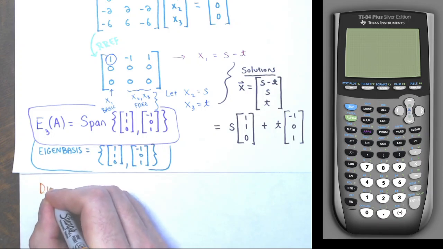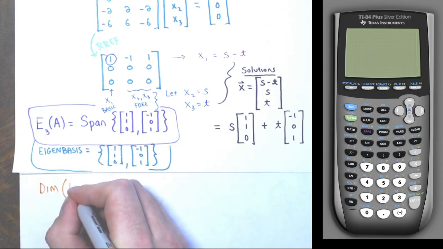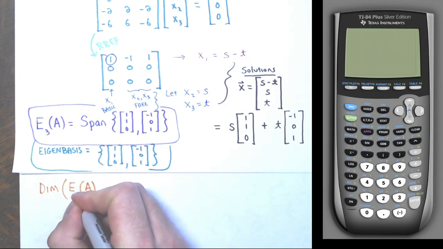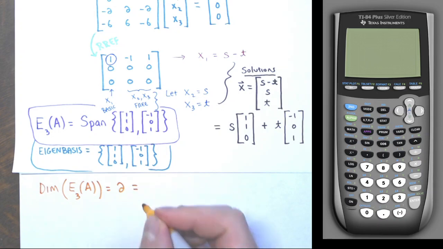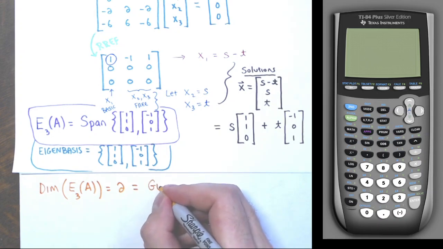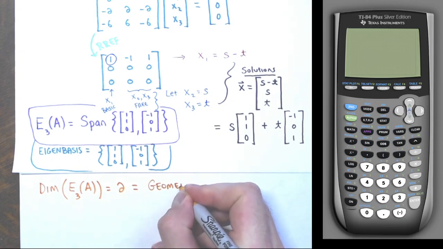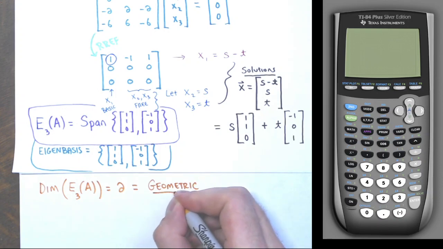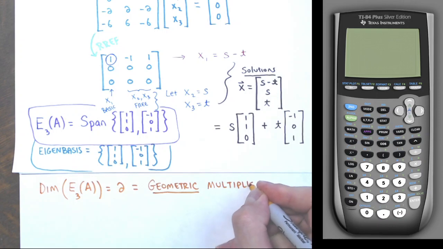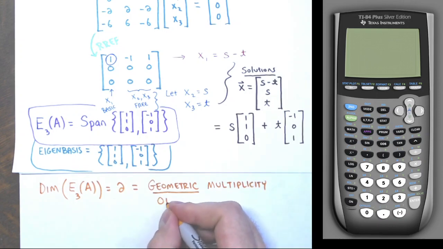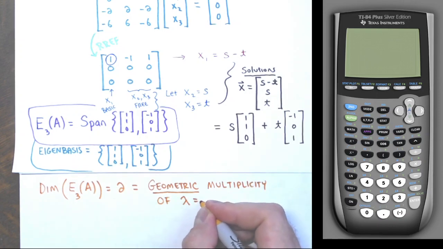So the dimension of this eigenspace of A corresponding to 3 is 2, which again is called the geometric multiplicity for that particular eigenvalue, lambda equals 3.